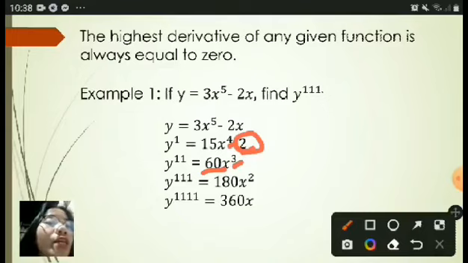So we have 180x raised to 2 because 3 minus 1 is equal to 2. Then after that, the fourth derivative, we have 180 times 2, which is equal to 360x.